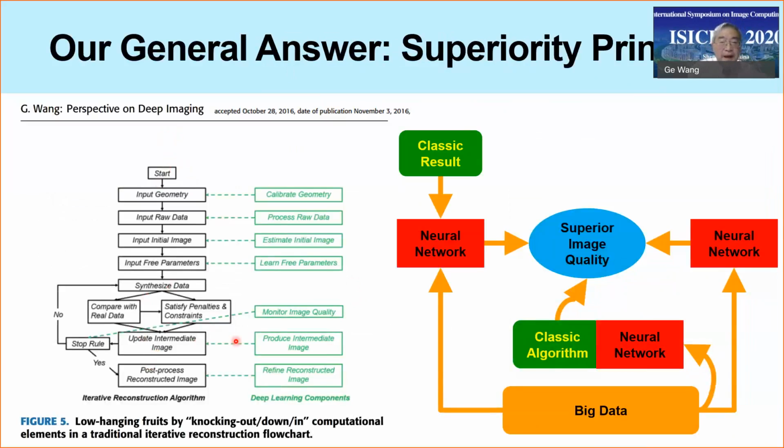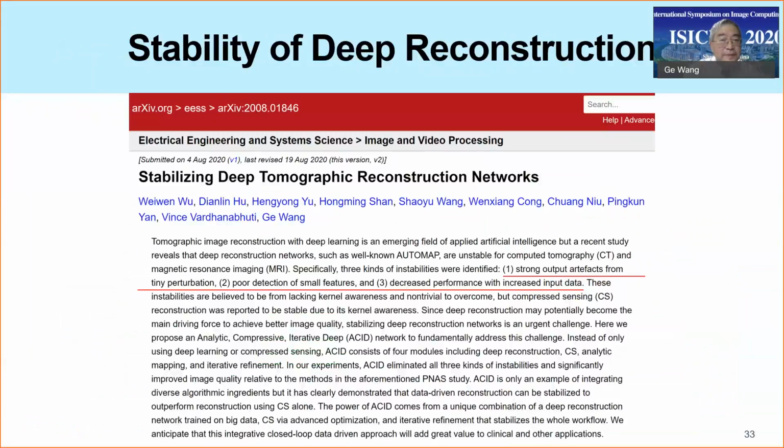You can combine classic methods like iterative compressed sensing with deep learning in various ways. So all the algorithmic ingredients can be synergized together. This is the general answer.